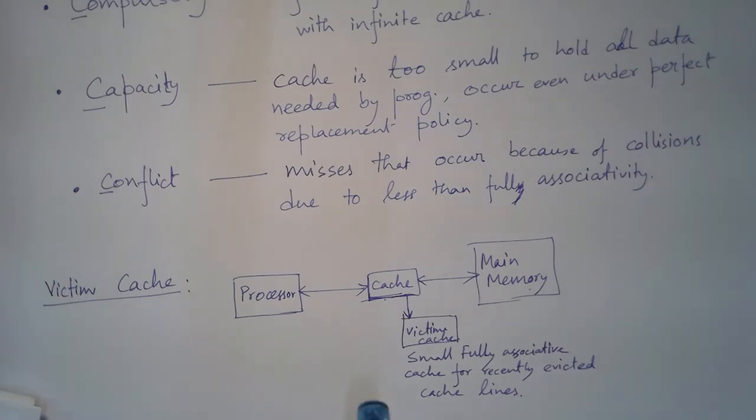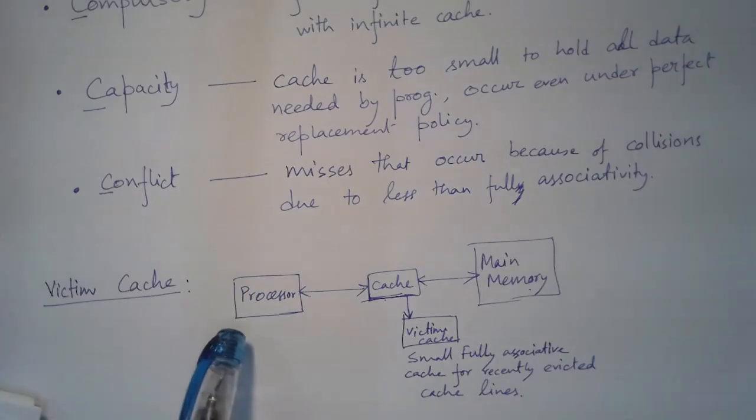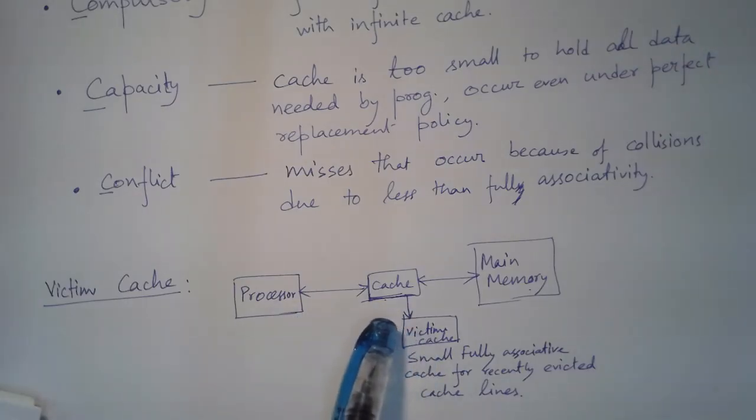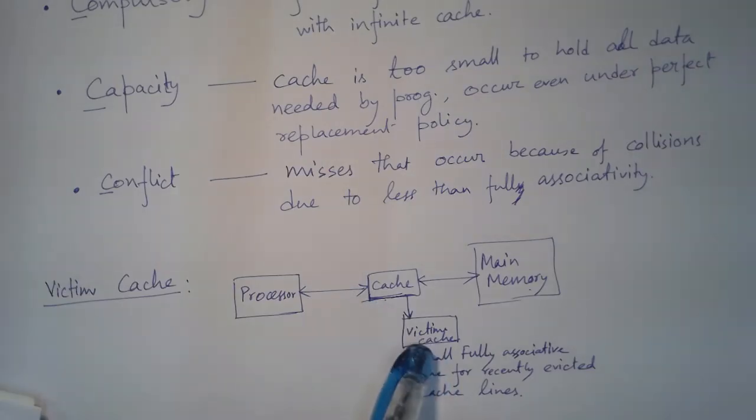I just wanted to show you one example of how you can improve the miss penalty using concepts like victim cache, and it's a very neat concept which helps you in storing recently evicted blocks for some time.